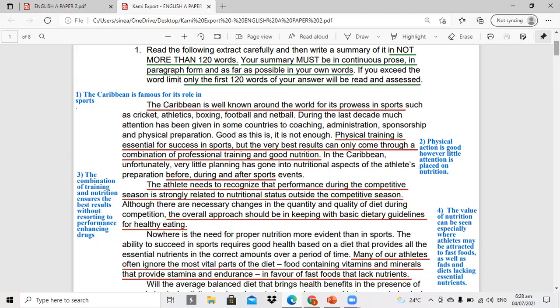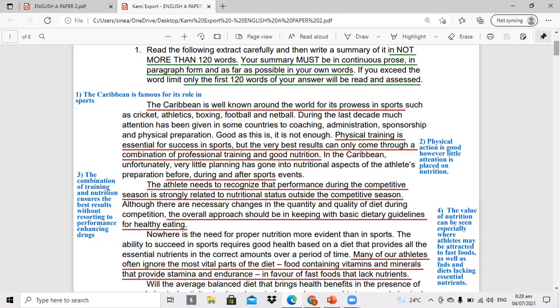Right. And then they have the second point right there in that same paragraph. Physical training is essential, because this is when they introduce the topic, right? So the topic for discussion in this passage would be that not much attention is placed on nutrition.